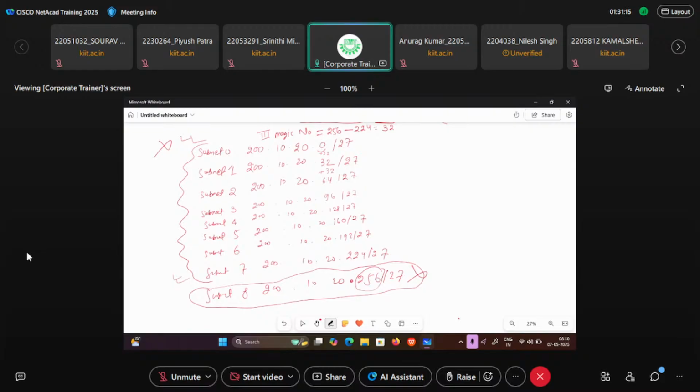Out of it, 5 are required. So out of the 7 networks, we can use any 5 networks as per our requirement. And now, how many hosts can you configure from each subnetted network? 30 hosts per subnet.